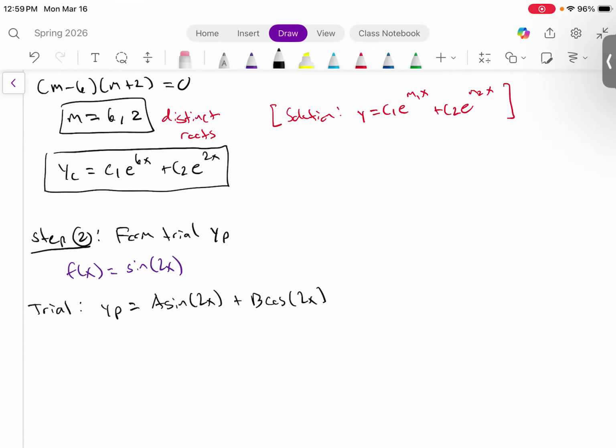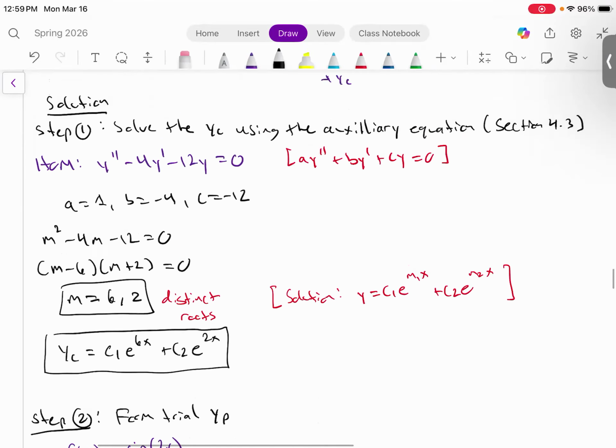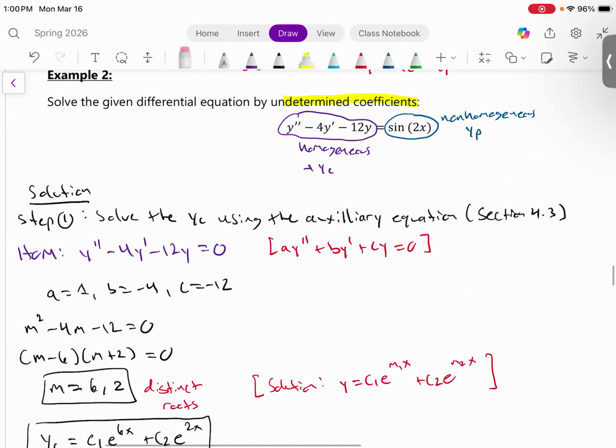Remember, we have trig, so we need to account for both sine and cosine. And when we have our particular solution, we also want to figure out the first derivative and the second derivative because we need to plug it back into the differential equation. So let's go ahead and figure out the derivatives.